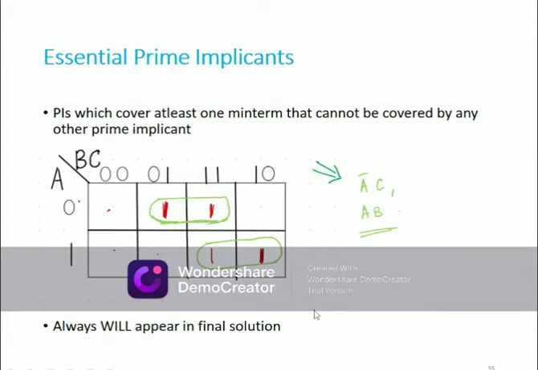And you can be sure that an essential prime implicant will absolutely appear in the final solution, because without this group, this one cannot be included. And the K-map rule says that all the ones should be part of some group. It is necessary to group all the ones.